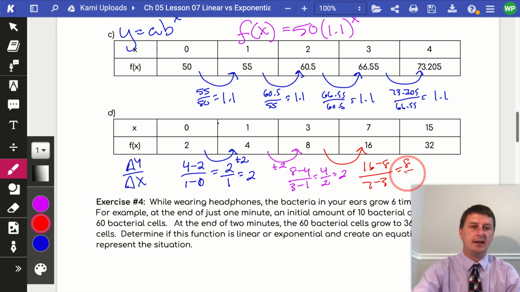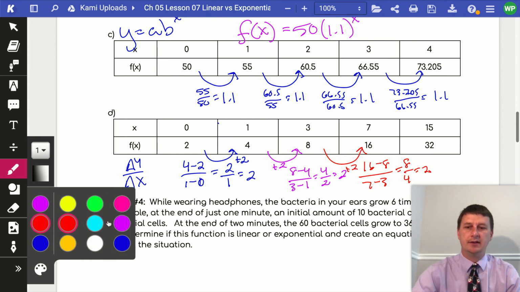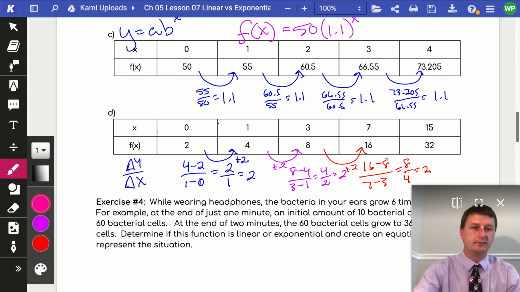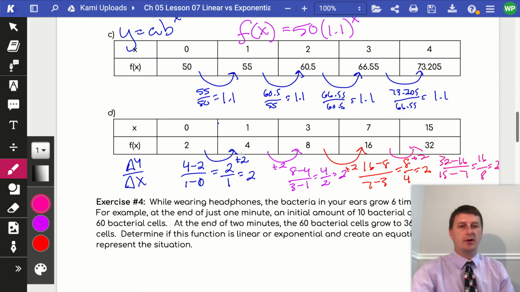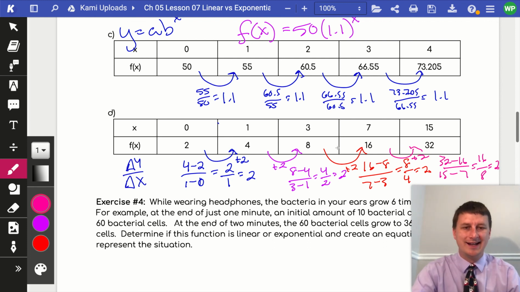That's going to give us 8 over 4, which also happens to be 2. And finally, we're going to have 16 to 32. So that'll be 32 minus 16 over 15 minus 7. And our rate of change there is going to be 16 over 8, which also gives us 2. So our rate of change is constant by adding 2 every time.